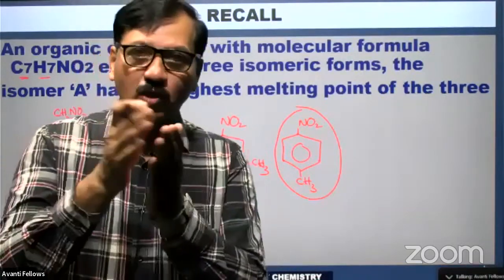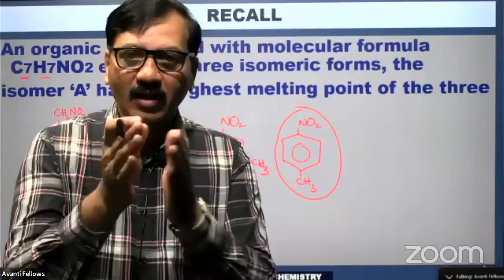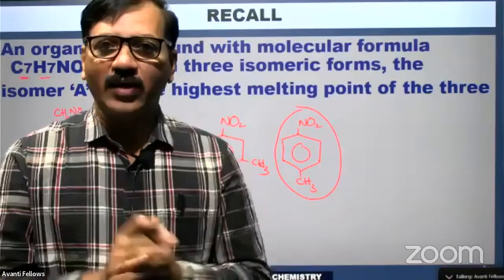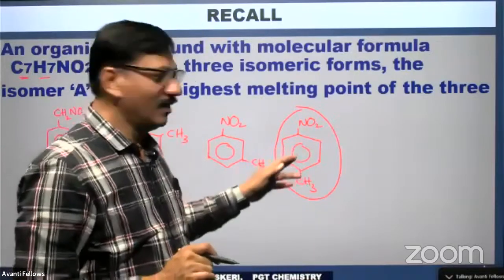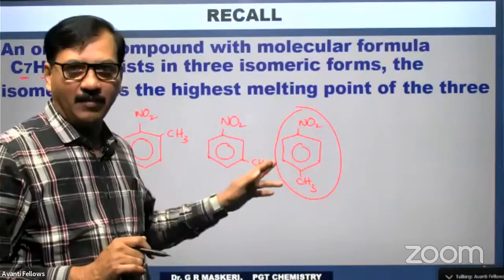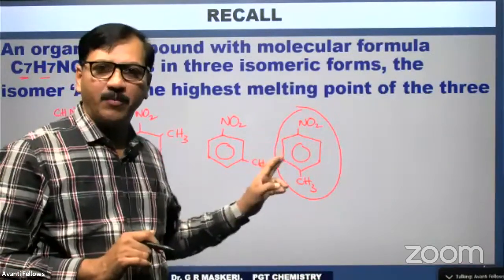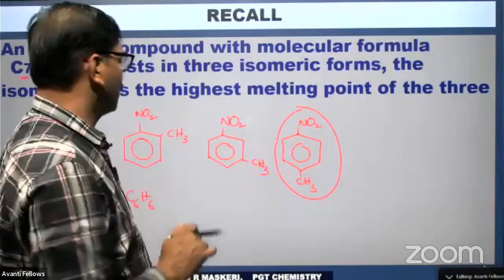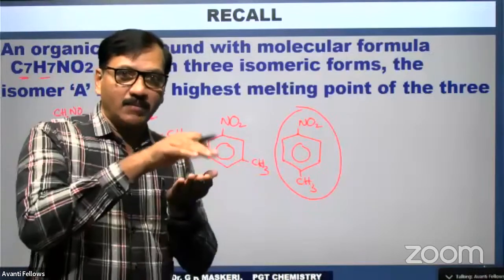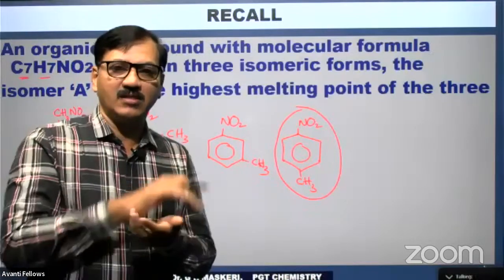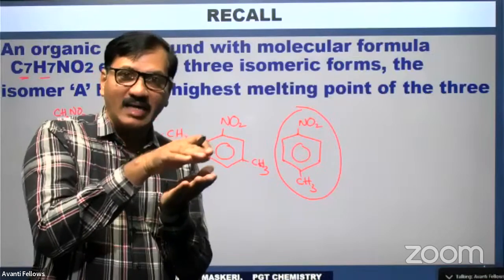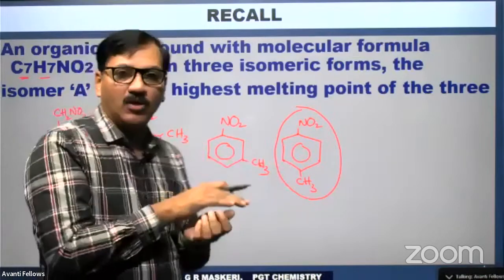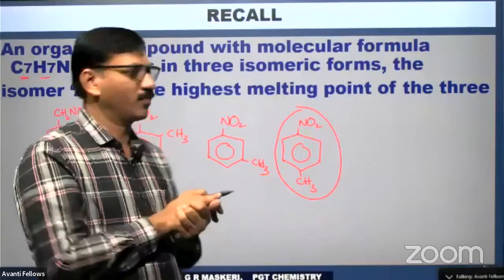Or they are close. Whenever they are close, they have greater van der Waals force of attraction and therefore the melting point is high. This happens in the case of melting point, right? Stacking of the particles is more readily possible whenever it has symmetry, right?